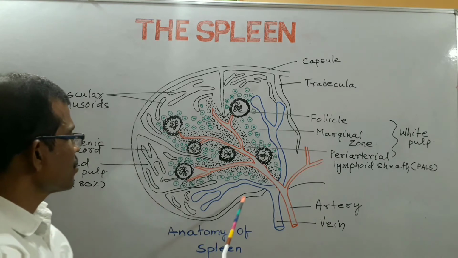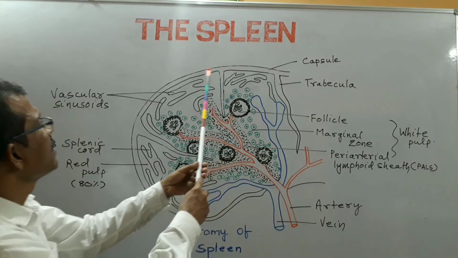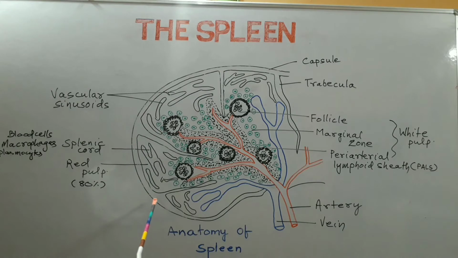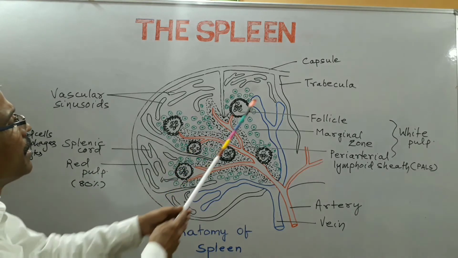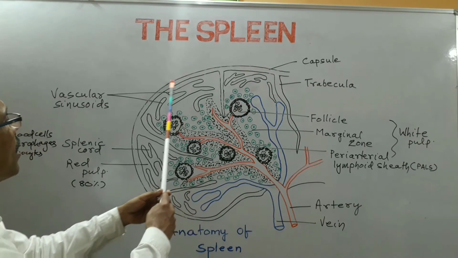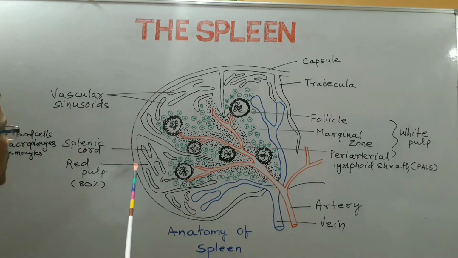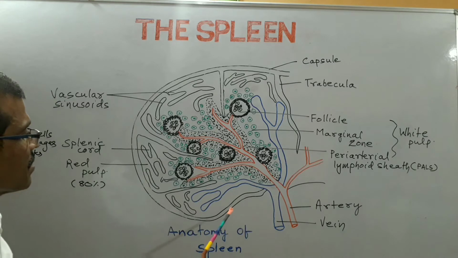This connective tissue contains contractile cells known as myofibroblasts. The contractile activity of these cells helps the spleen to discharge stored blood into the circulation whenever necessary. In addition, the capsule also allows the spleen to increase its size whenever necessary.